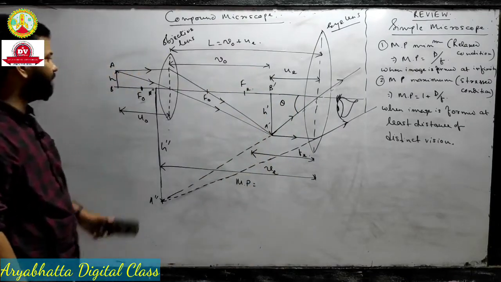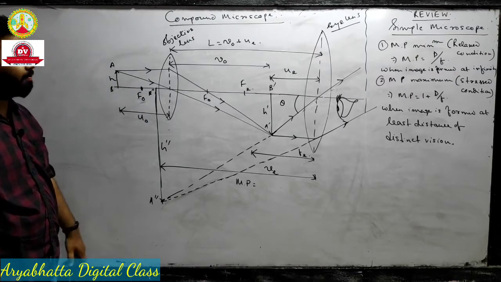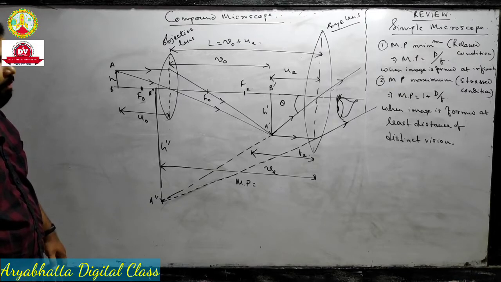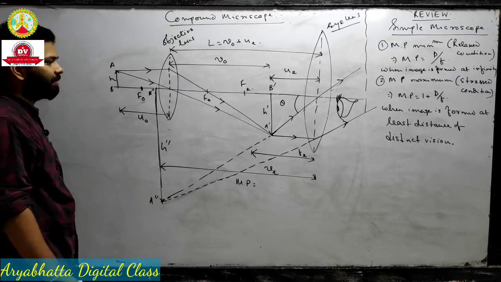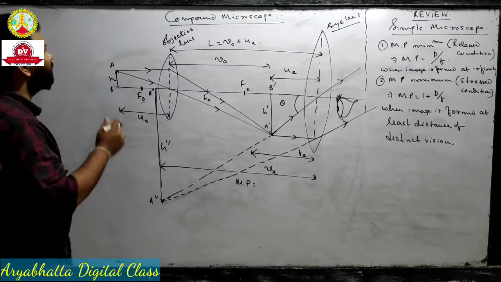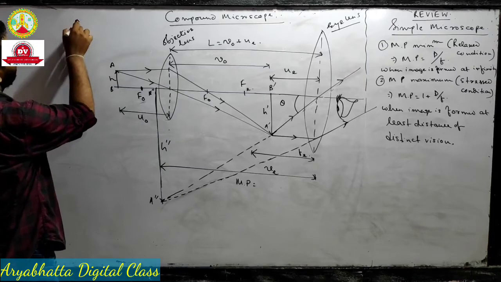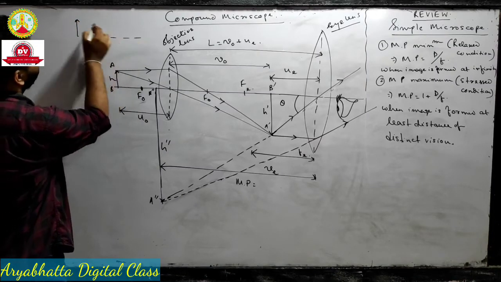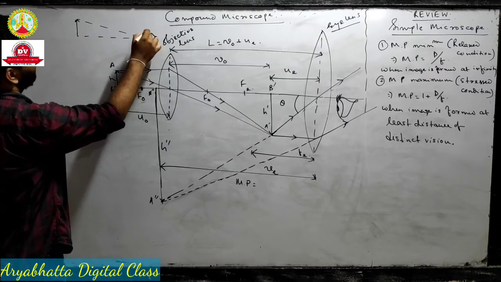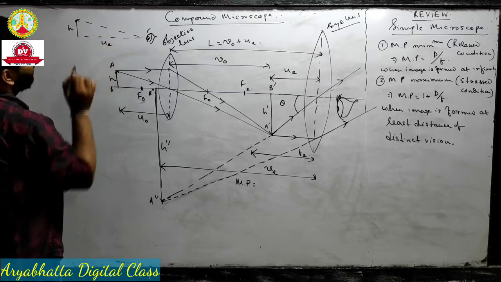Now what is the angle made by the object with the eye? What will be that angle? देखो यहाँ पे. So that angle we have already discussed yesterday. Suppose this one is the object and if this is the eye at this position, then this one is h and this one will be equal to ue.